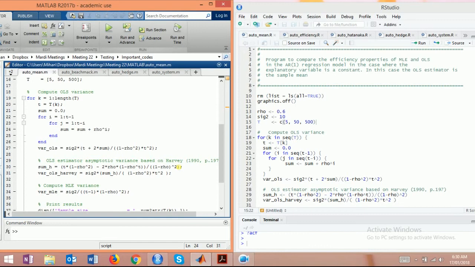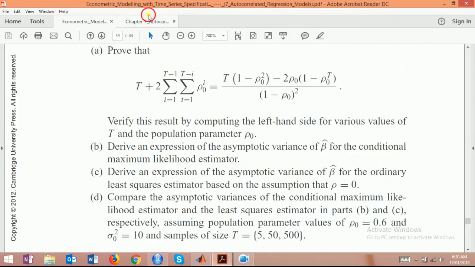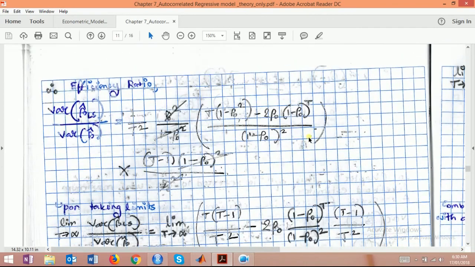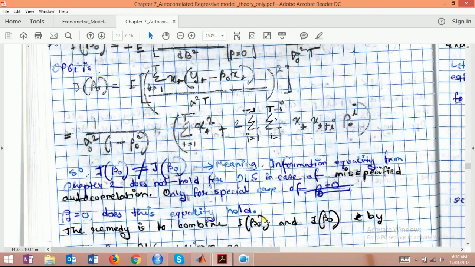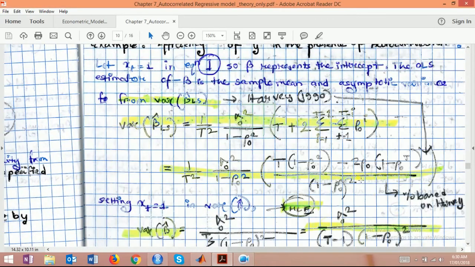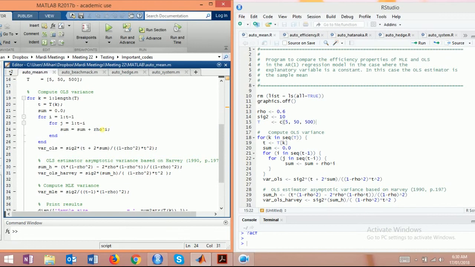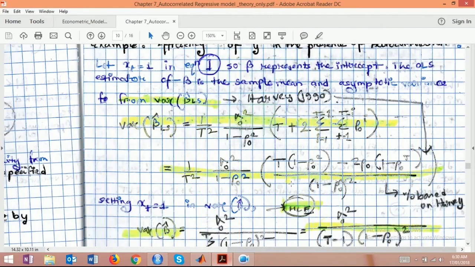So by rows and by columns, the equation was suggested: because the original equation was i equal to 1 to t minus 1, then j equal to 1 to t minus i.